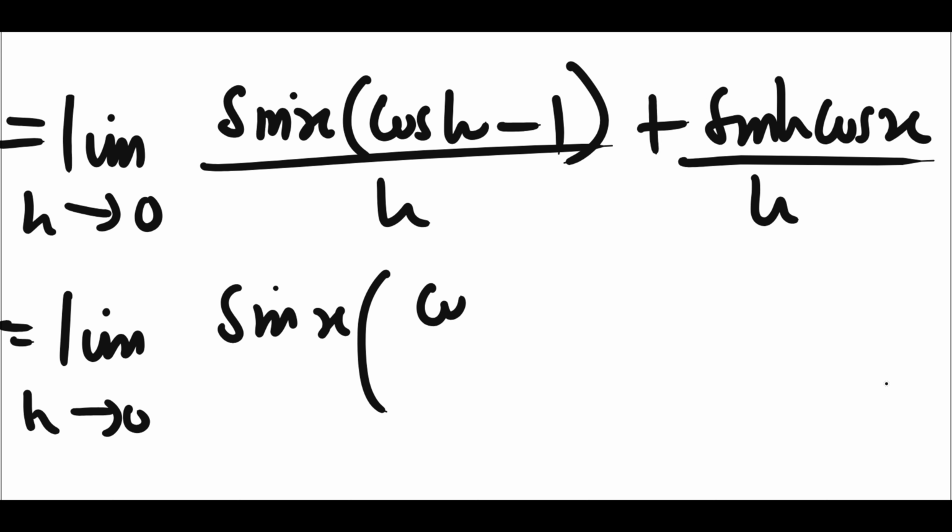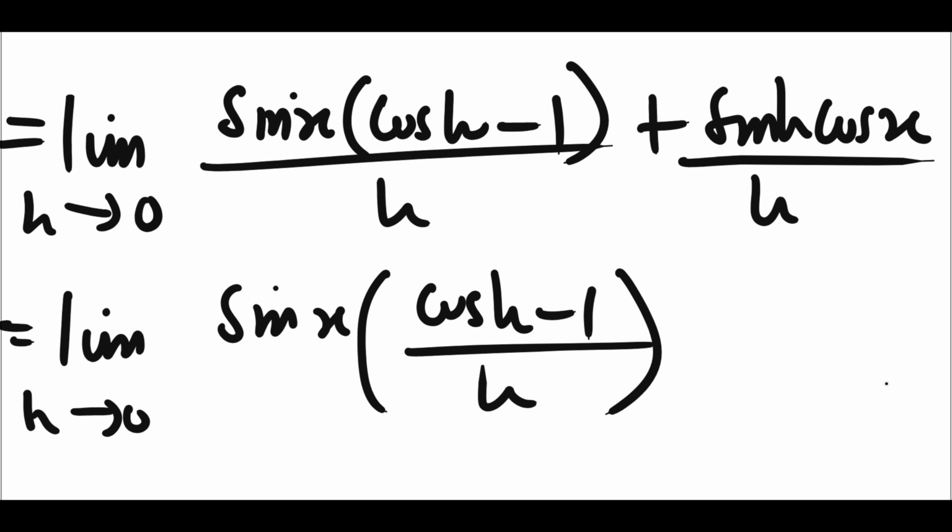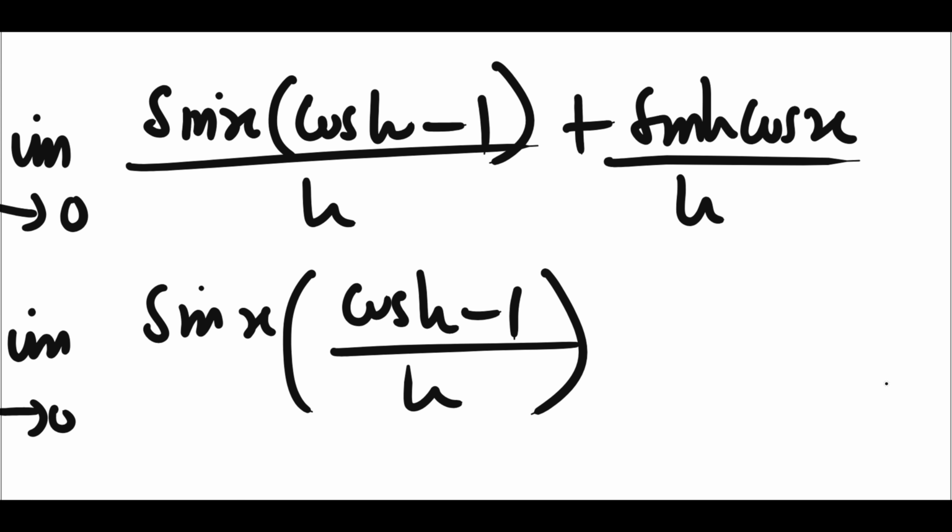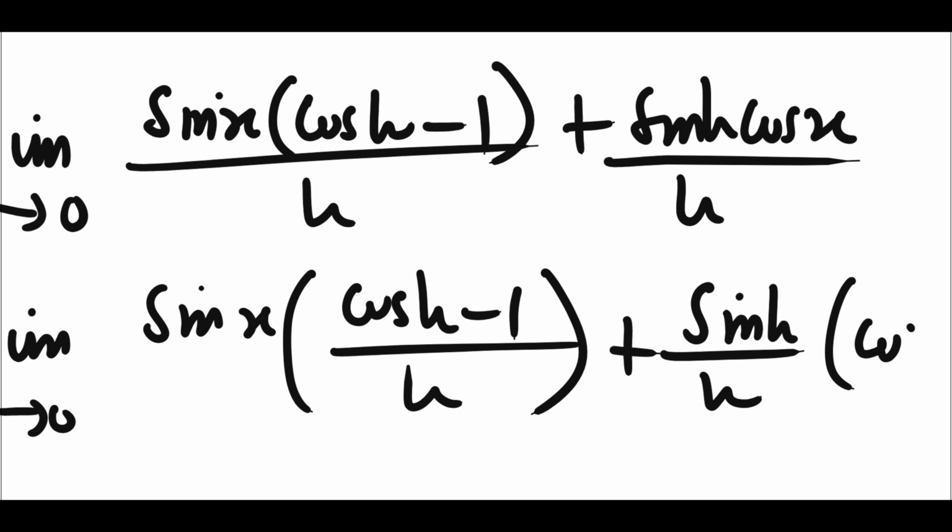So it's going to be sine x multiplying cos h minus 1 divided by h. Then we have here plus sine h also over h, then open bracket cos x.